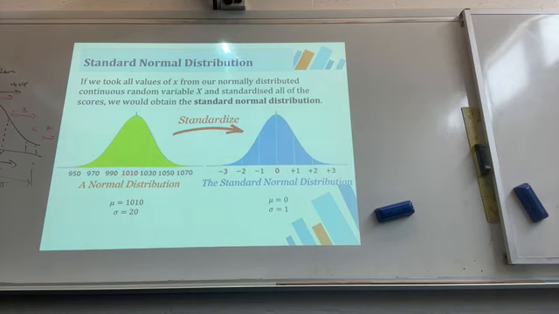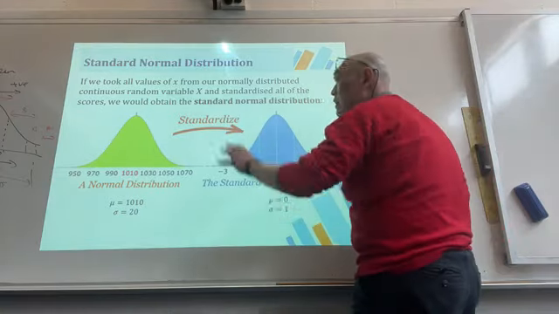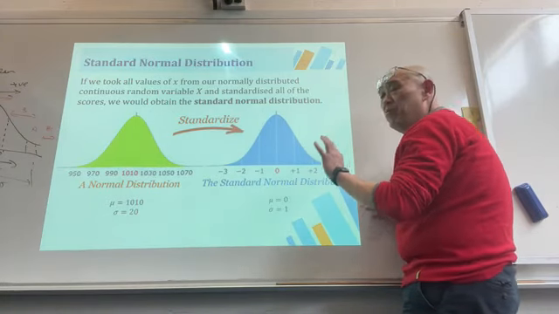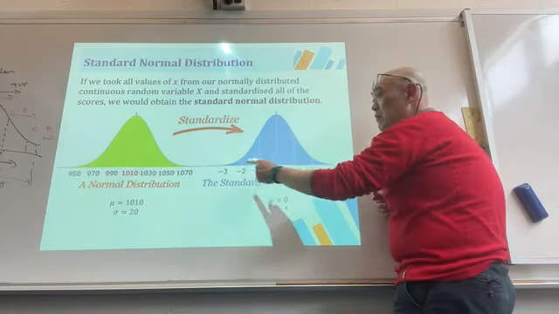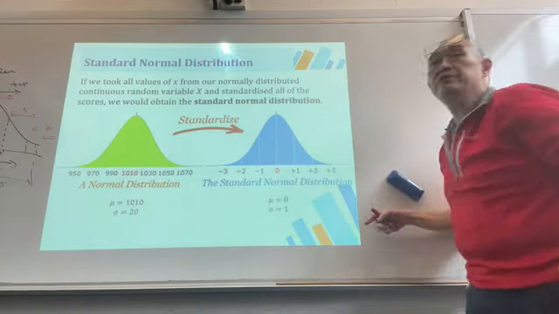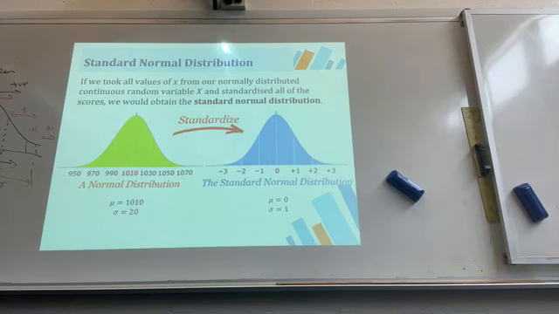Whereas the standard normal distribution, the mean is 0 and sigma is 1. So if you've got different sets of data and you standardize them, if they are all proper normal distributions, they will all fit in here. So with the standard normal distribution, we can work out the area under the graph.